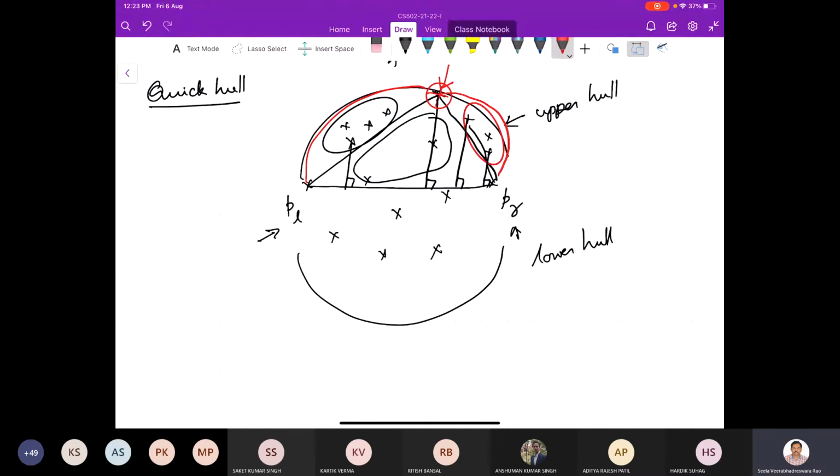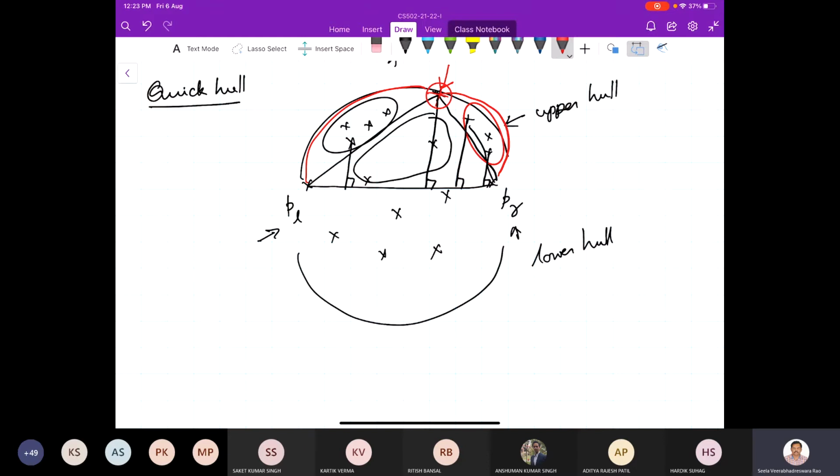Okay, is that clear? Any questions? I'm just repeating once again. We are taking the leftmost and rightmost points, PL leftmost and PR rightmost. You take the line joining them.